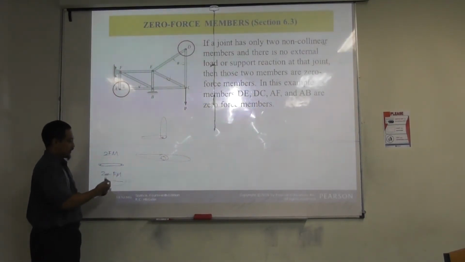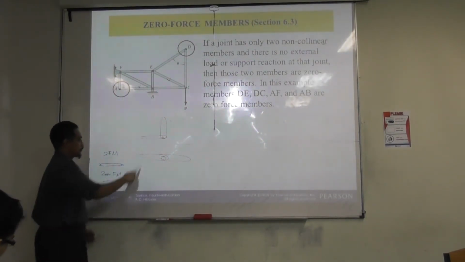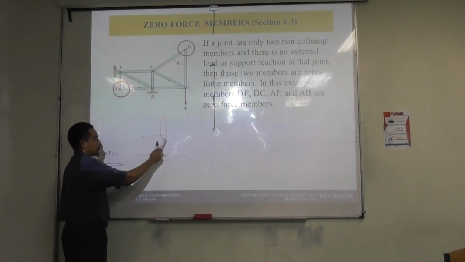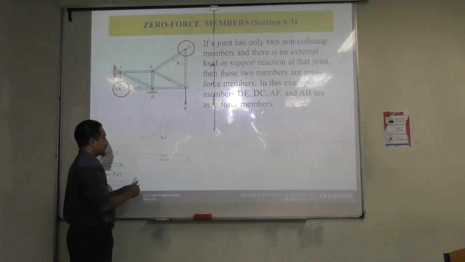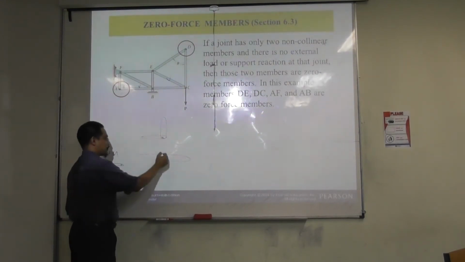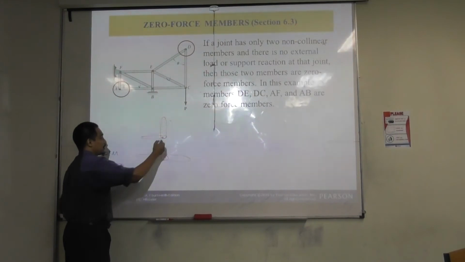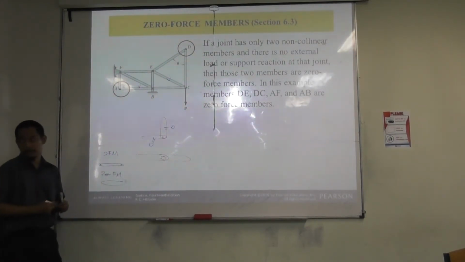So if a joint has two members, non-collinear, meaning like this, and no external force, meaning no pin, no whatever, no external force, then both will be zero force members.